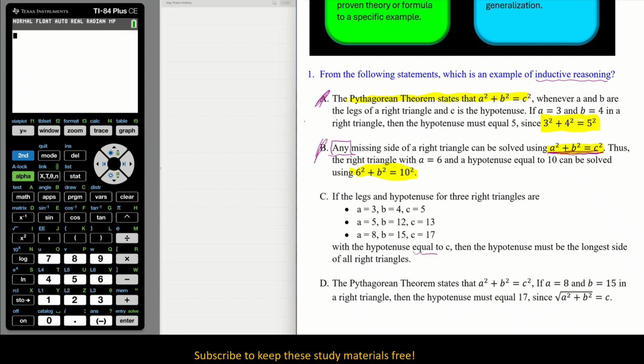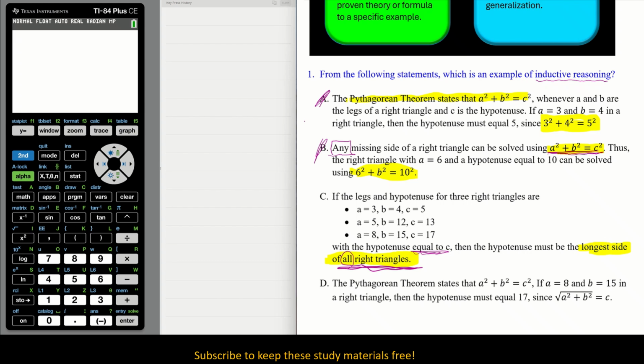All these c's are called the hypotenuse. Then the hypotenuse must be the longest side of all right triangles. The word all tells me general. So here are three specific examples with the numbers.